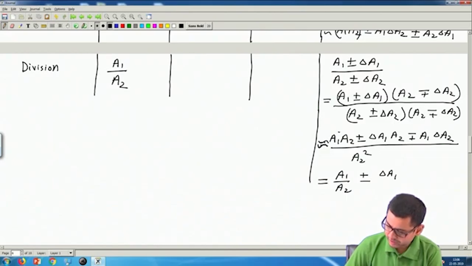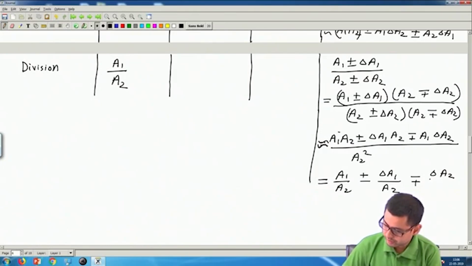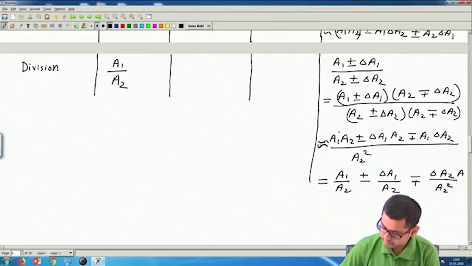A1 by A2, and here we will have minus plus delta A2 by A2 square times A1.